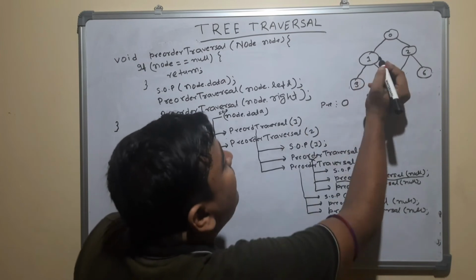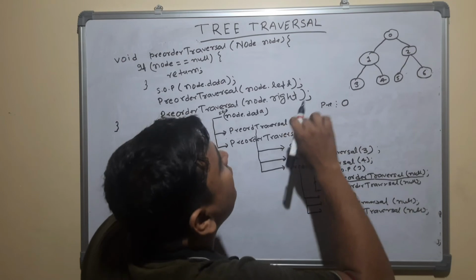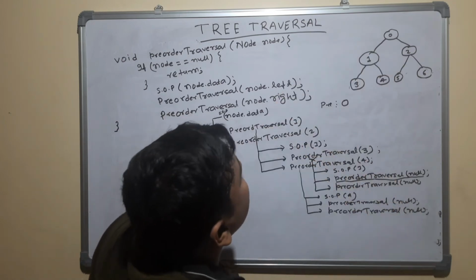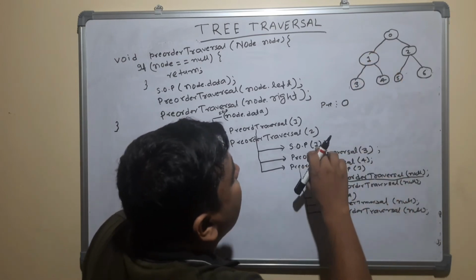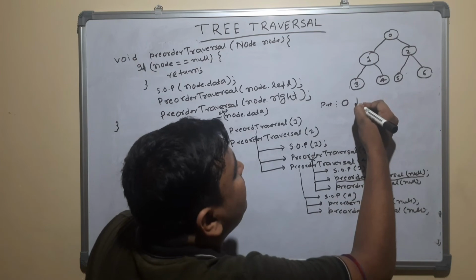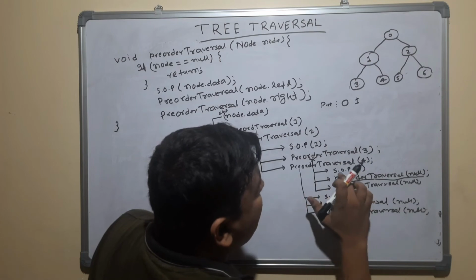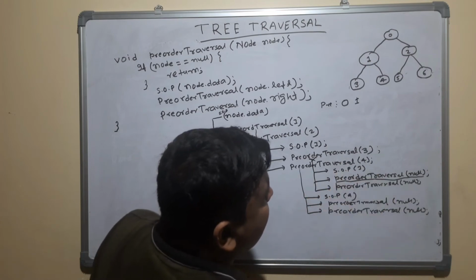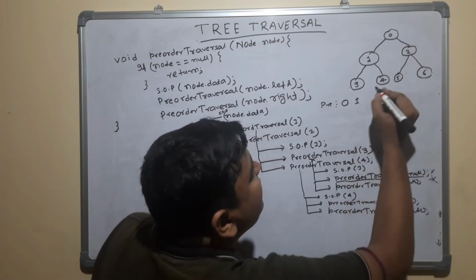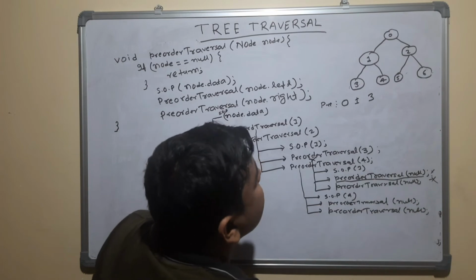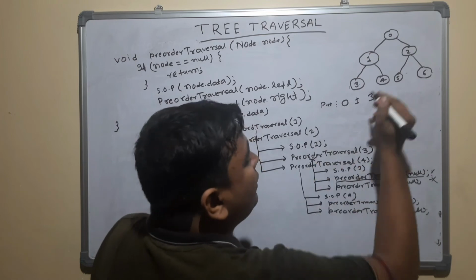Then we process this root, meaning pre-order traversal of 1. First it will print 1. Then what is happening with 3? It's only printing 3, after that it's not doing anything, not returning anything. And pre-order traversal of 4 is also only printing 4.